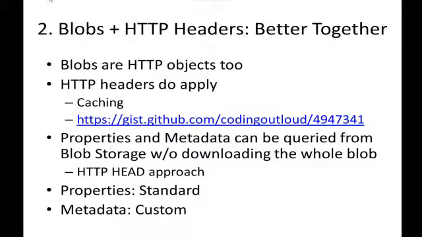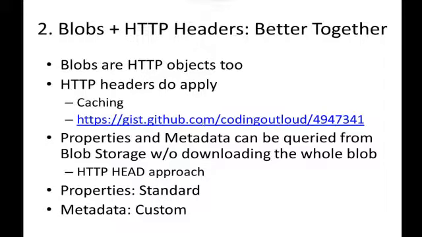So it's important to think about them as HTTP objects. In particular, a common thing to overlook is to serve up a blob, give out a URL to a blob, without applying a caching header.